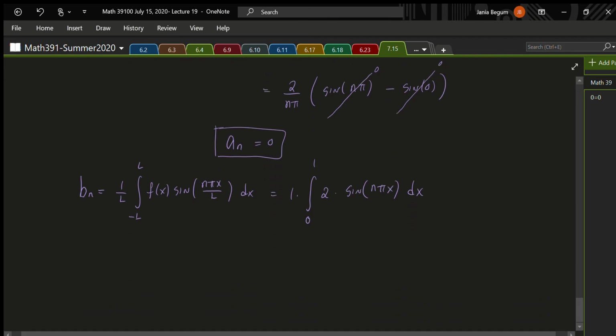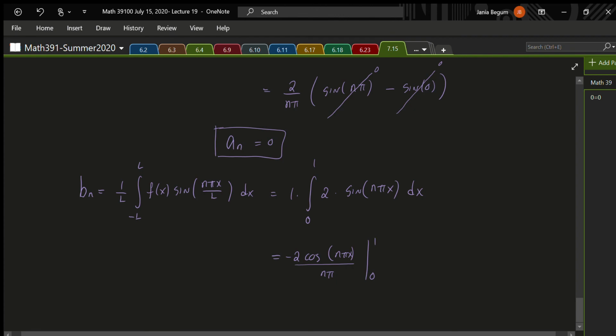So what is the integral of sine? So we have negative cosine of n pi x over n pi, and we're going to take it from 0 to 1.